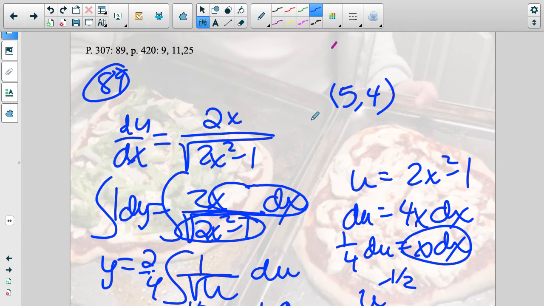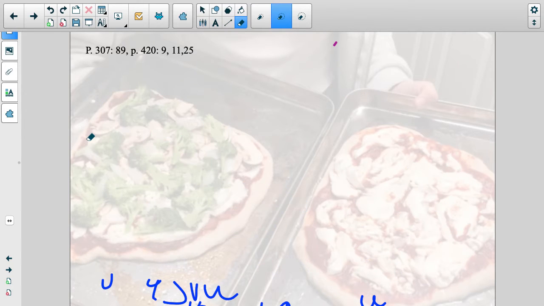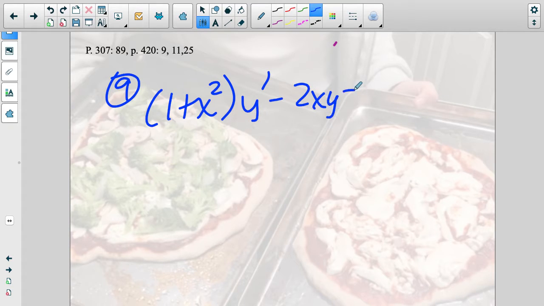All right, this is number 9 on 420. Number 9 on 420 is (1 plus x squared) y prime minus 2xy equals 0.